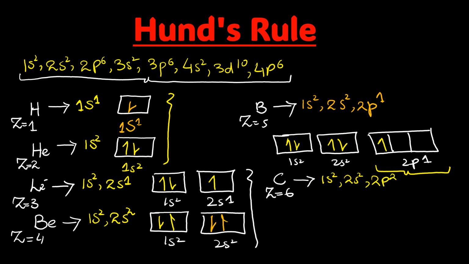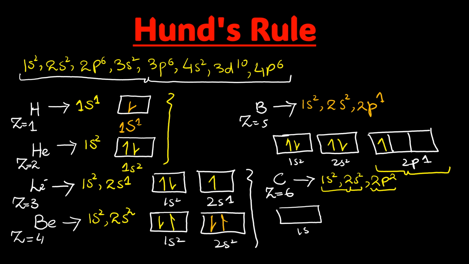Since you know that 1s2 and 2s2 have 4 electrons, the remaining 2 electrons will fill 2 orbitals of the carbon atom. So we can write them in the form of a diagram.